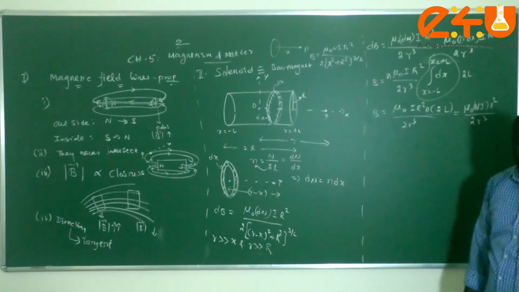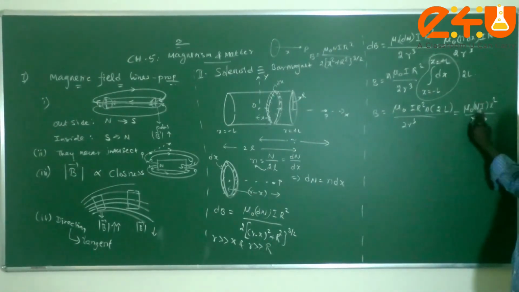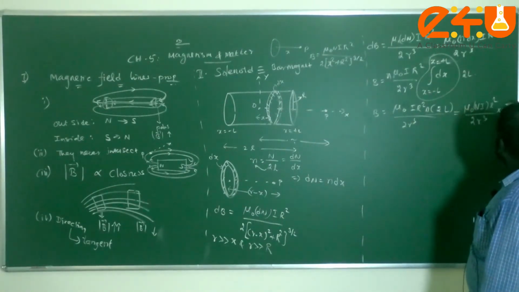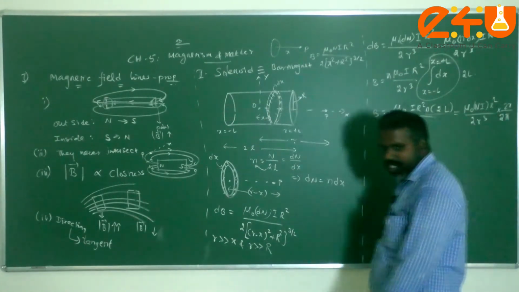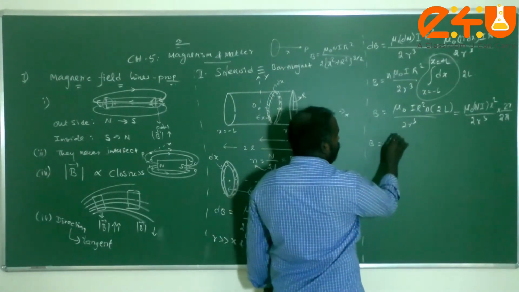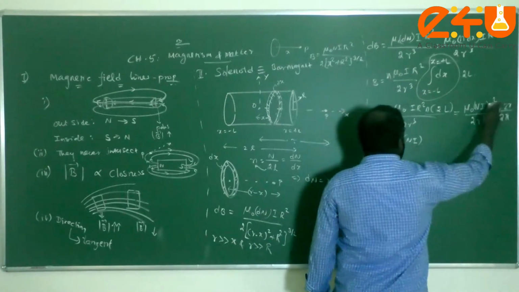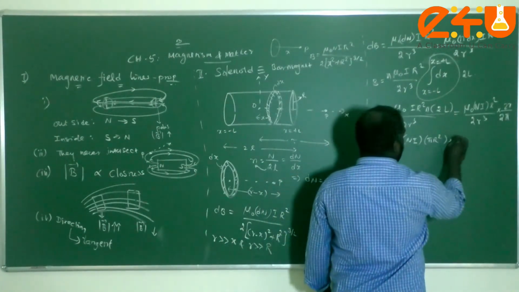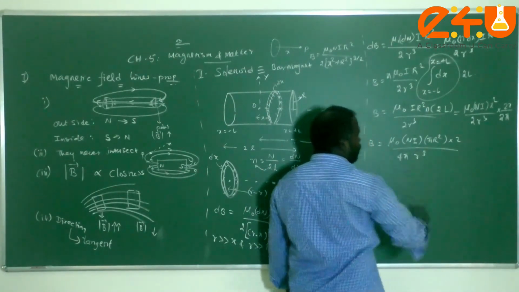N I means total current. What is N I, children? Total current. What I am going to do is multiply by 2 pi divided by 2 pi. Then what I will get is B is equal to mu naught, the total current N I, pi into R square, the remaining term is 2, whole divided by 4 pi into r cube.